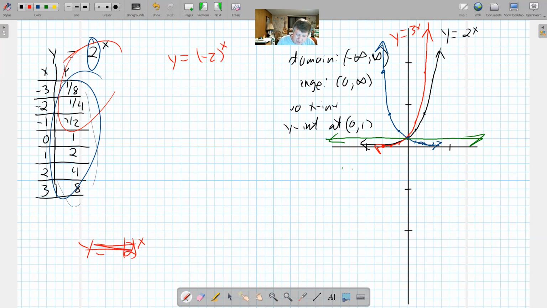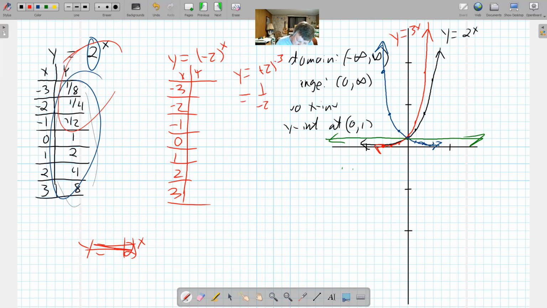We're talking about where the base is -2. So y equals -2 to the -3 power would be 1 over -2 to the 3rd power, which is 1 over -8, or -1/8.